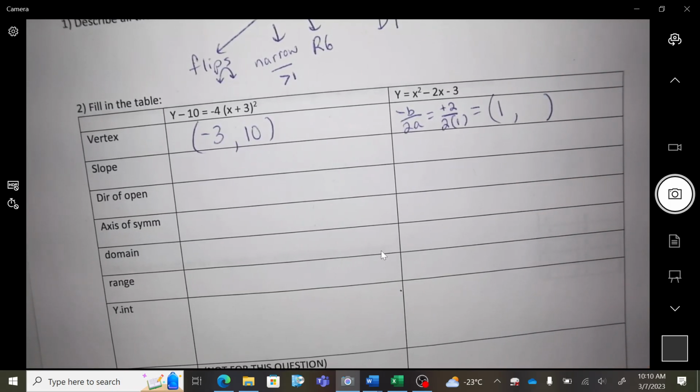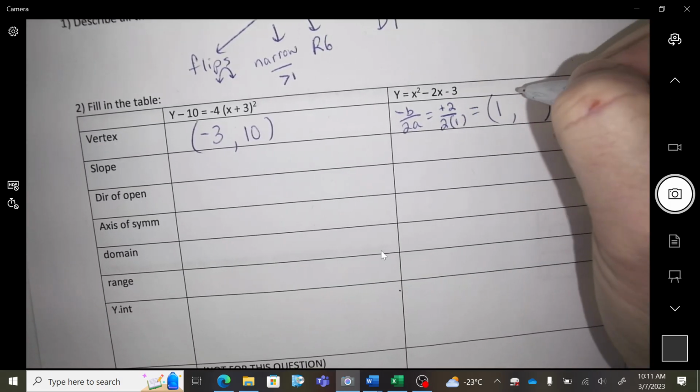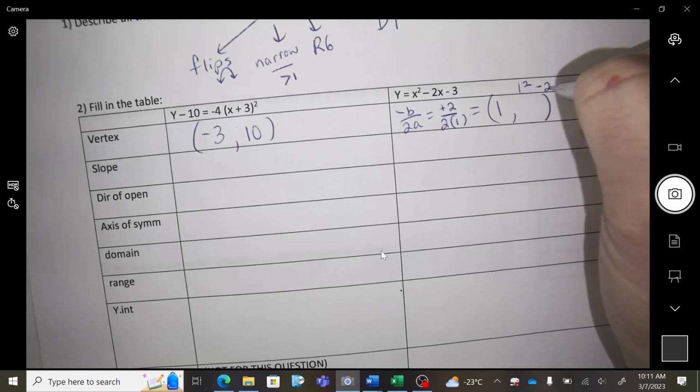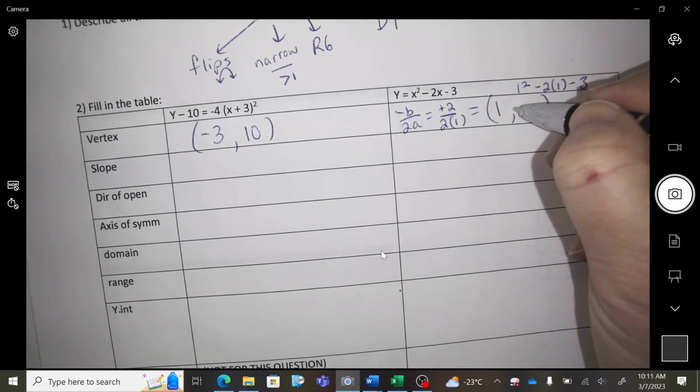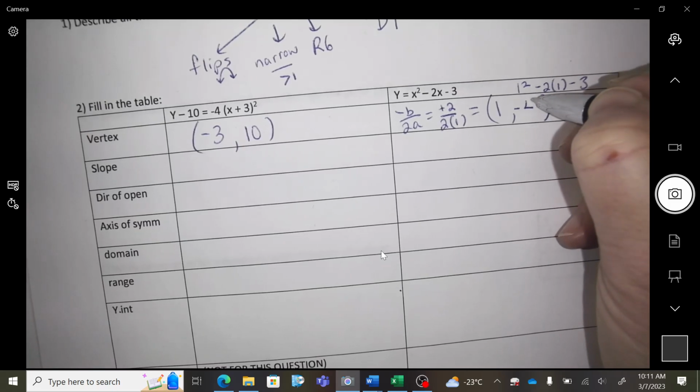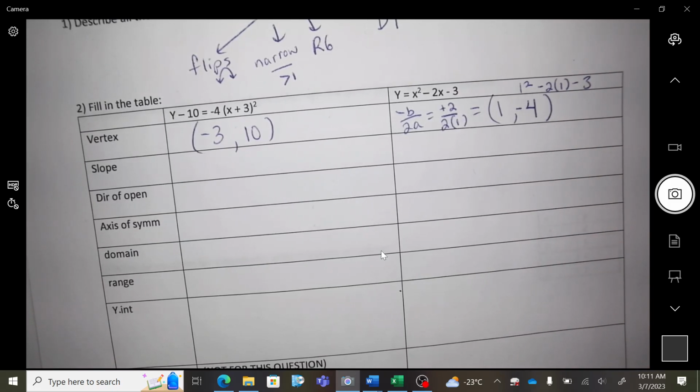And then you have to go back to the equation and plug in 1. So I'm thinking, what is 1 squared minus 2 times 1 minus 3? If I'm ever doing that on my calculator, and for instance, if it's a negative x value, brackets are good.